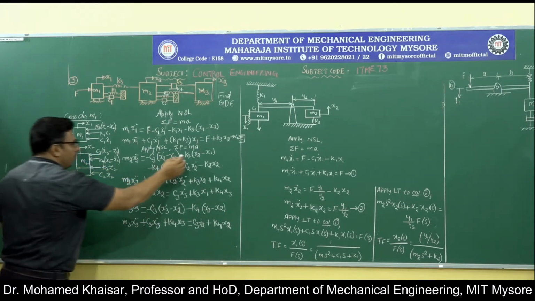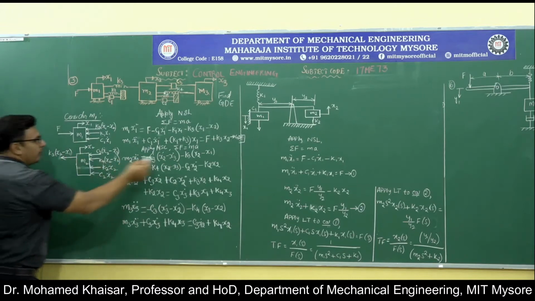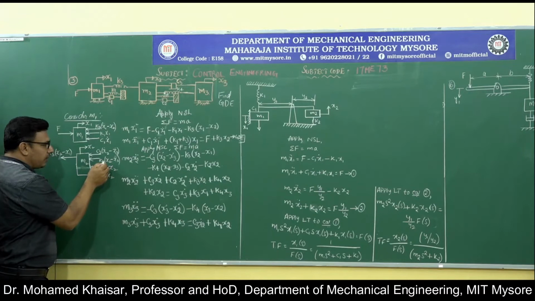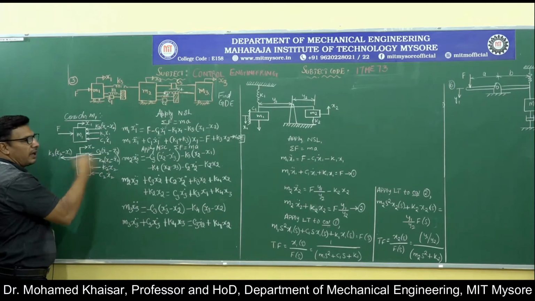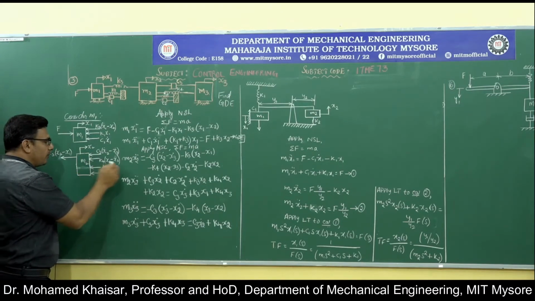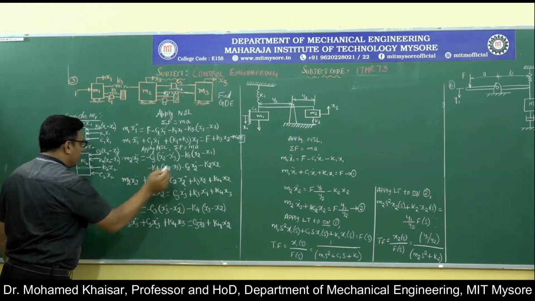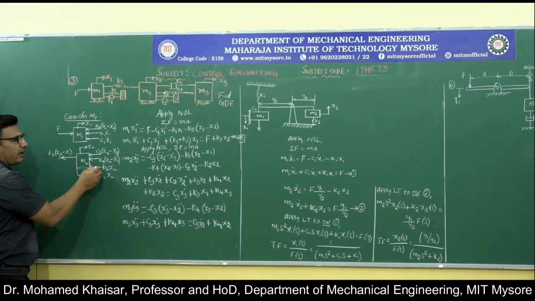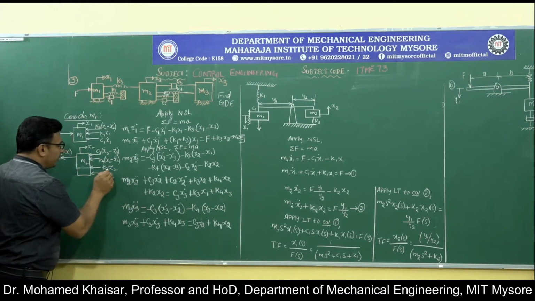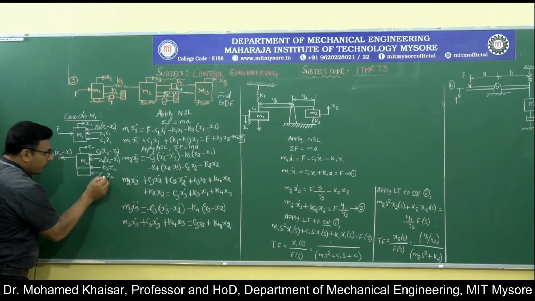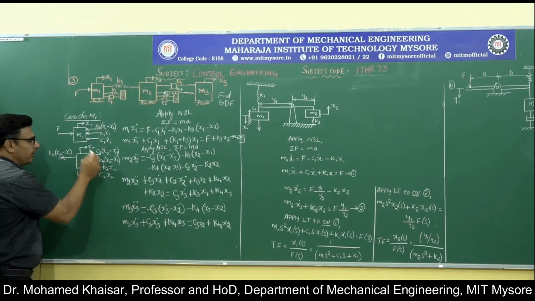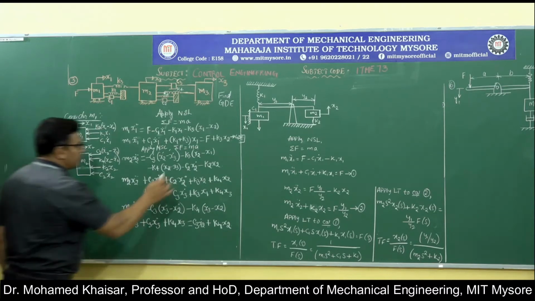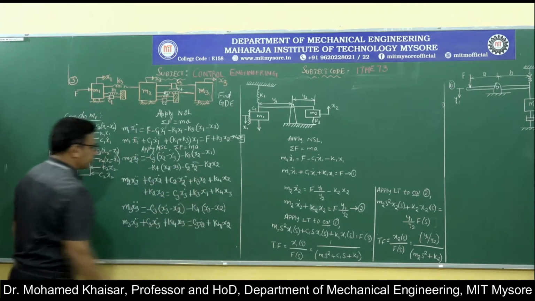Then minus k2 x2, also opposite to the displacement, and minus c2 x2 dot. This is what has been written here.